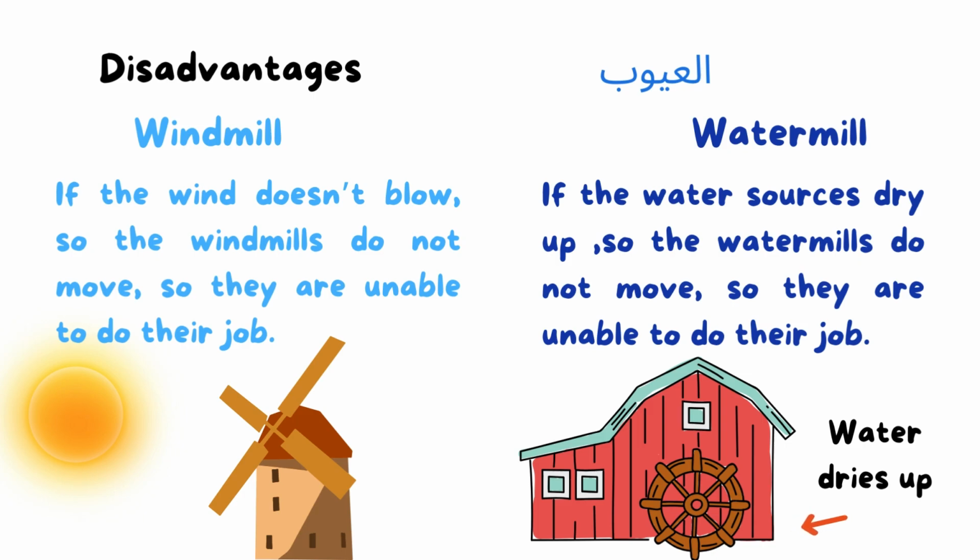Yes, as both depend on wind and water, if they are not available, the windmills and water mills can't operate or do their jobs. If the wind doesn't blow, the windmills don't move because they move by the movement of the wind.